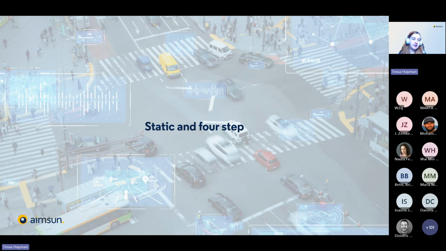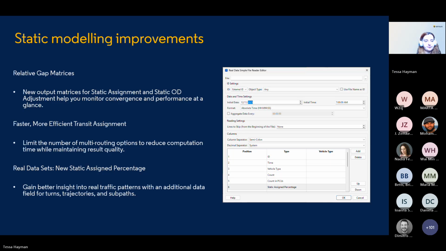We've also got some new features for static and four-step. So we have a new output for the static assignment. So we've got relative gap matrices. These are really useful for debugging the network, helping you to monitor convergence and performance at a glance.